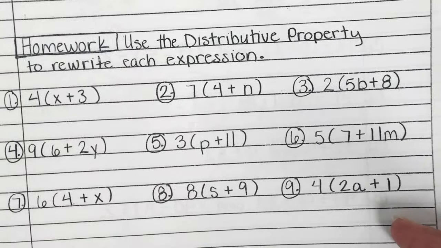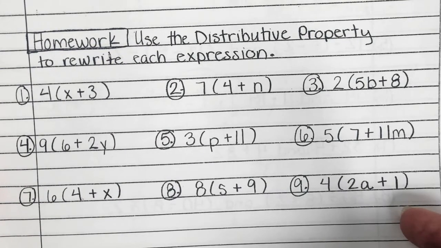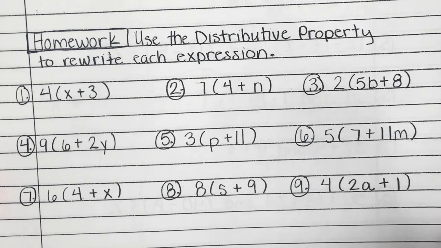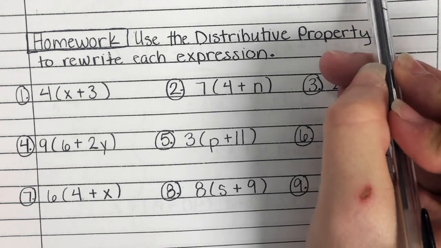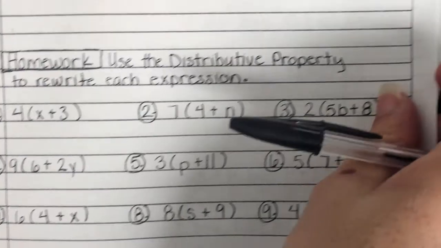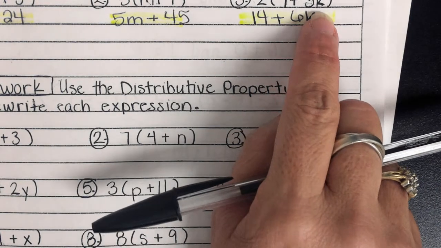Okay, here we go. Wait, on number 3, for the example part, didn't you say that it was 2 times 3k? Hold up. 2 times 3k. Yeah, hold up. 6k. Right there. Oh. 2 times 3k, which is 6k.